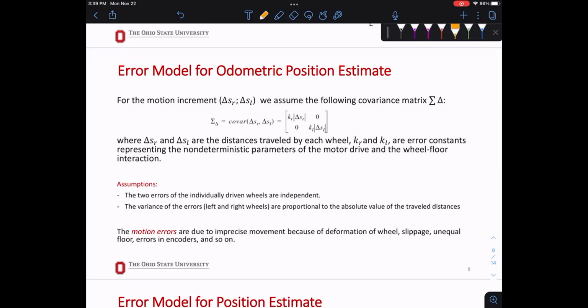So you run and see if what you get from simulation agrees with the real test. If not, then you adjust. So Kr and Kl can be measured and adjusted, yes.